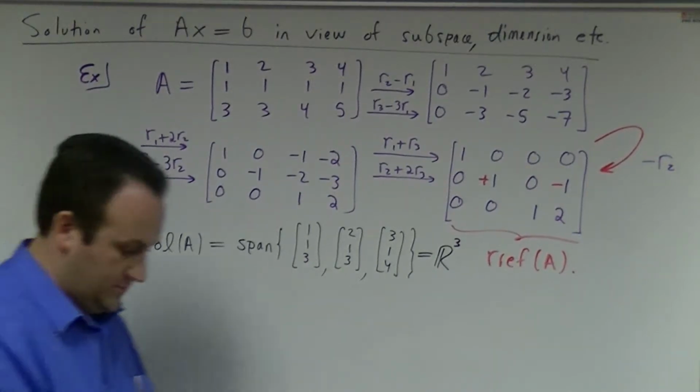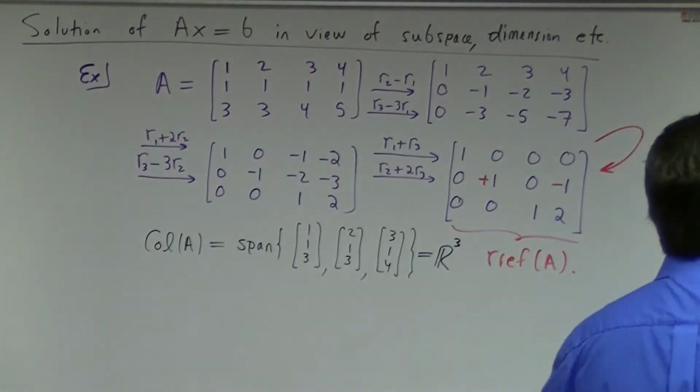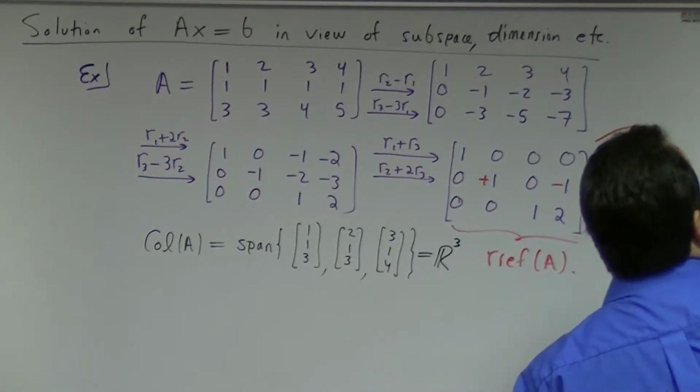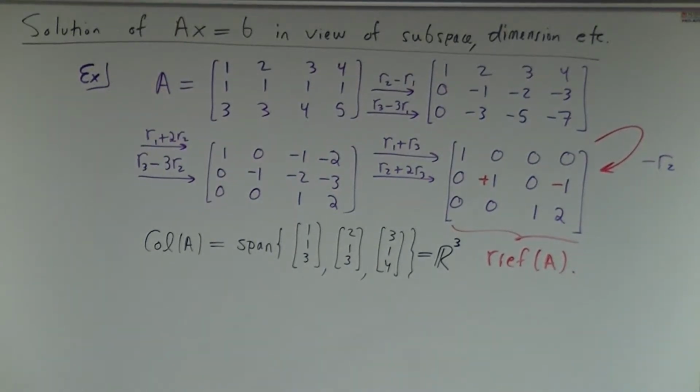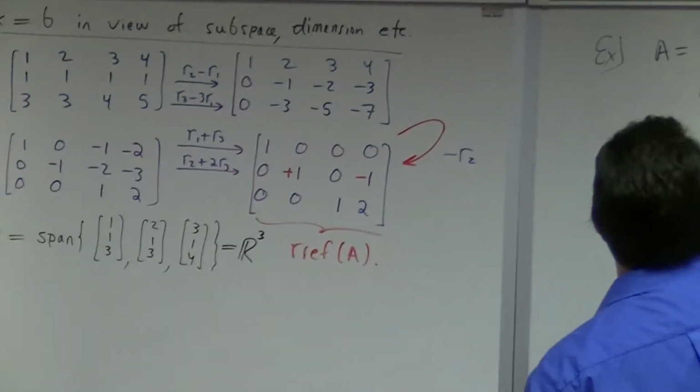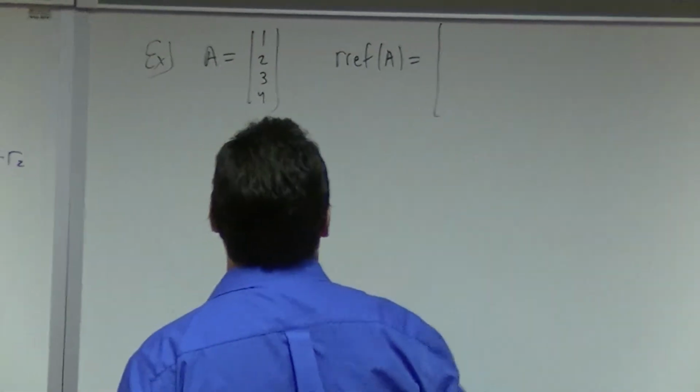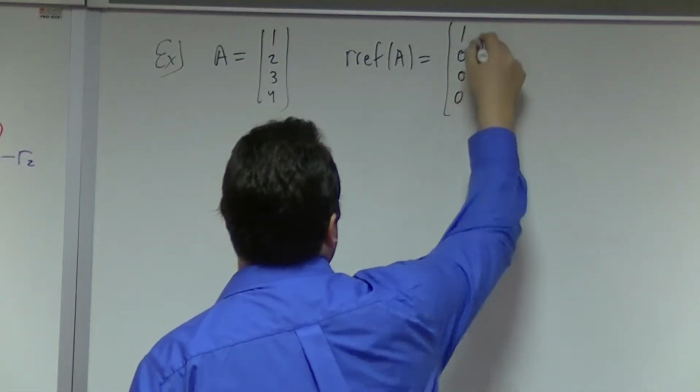For example, a really simple example that's easy to see: take A just to be a column vector, say 1, 2, 3, 4. What's the reduced row echelon form of A? It's 1, 2, right?